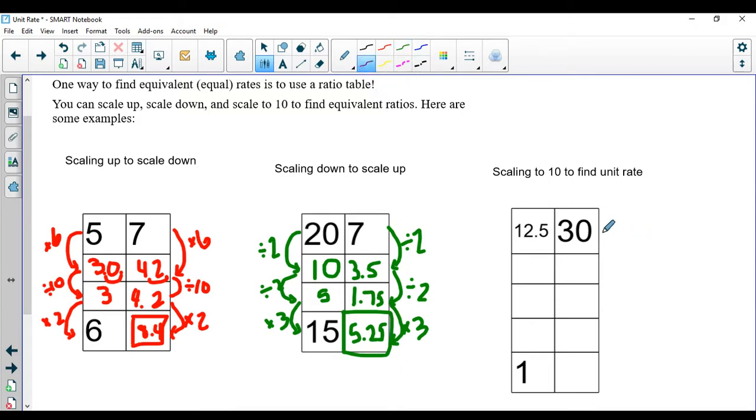So the last option you have is to scale to 10, meaning we're going to try to go from here to 10 to make it easier to go from 10 to 1, our unit rate. And we want to find this number right here.